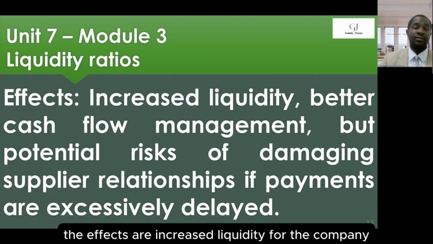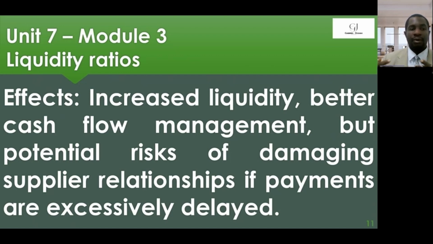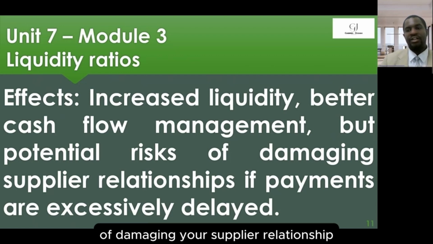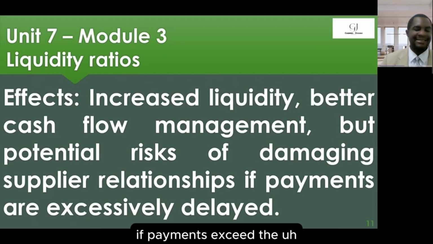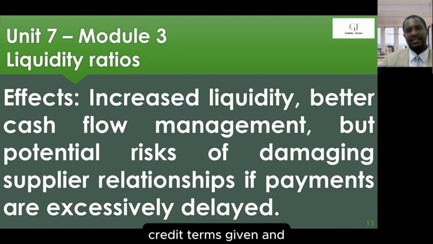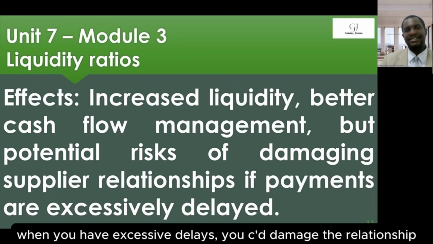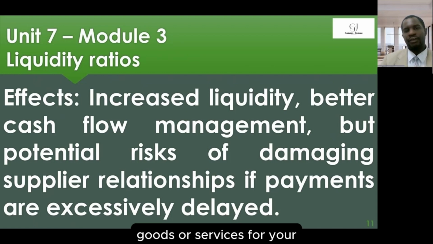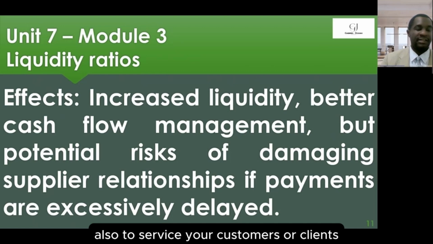The effects are increased liquidity for the company and better cash flow management, but there's a potential risk of damaging your supplier relationship if payments exceed the credit terms given. When you have excessive delays, it could damage the relationship and truncate the supply of raw materials, goods or services for your further production, and also to service your customers or clients.